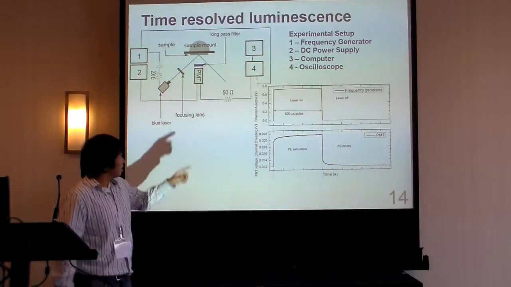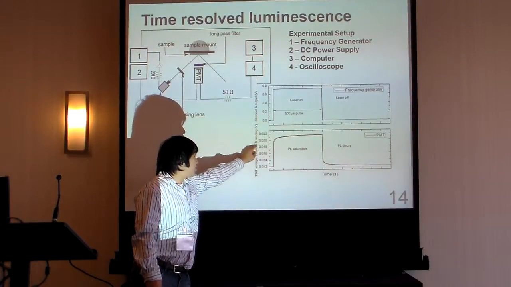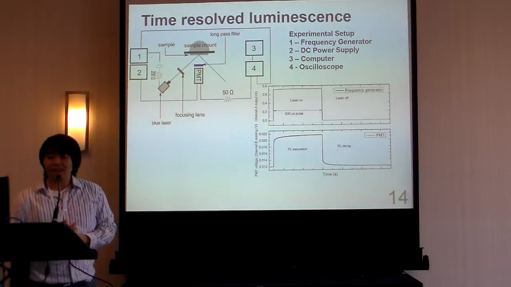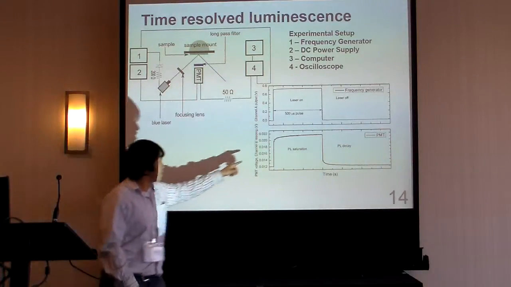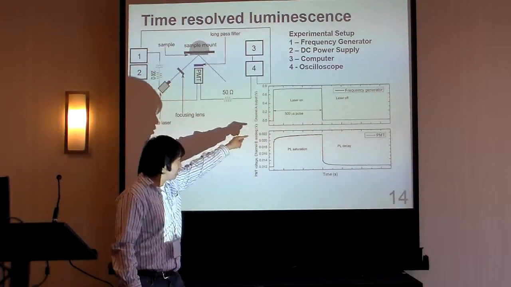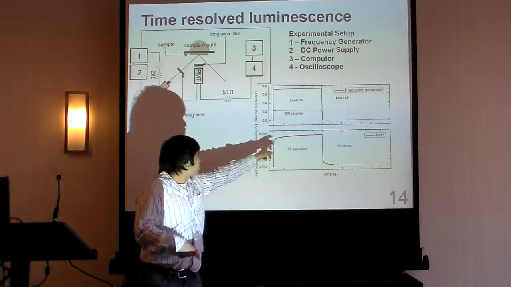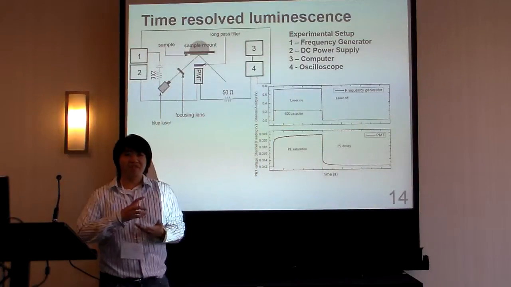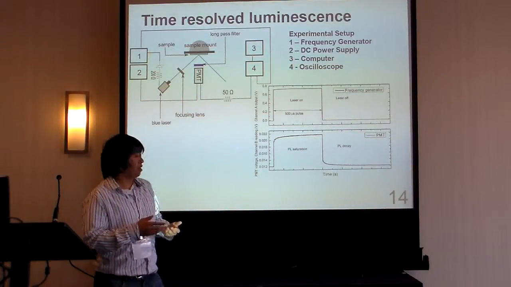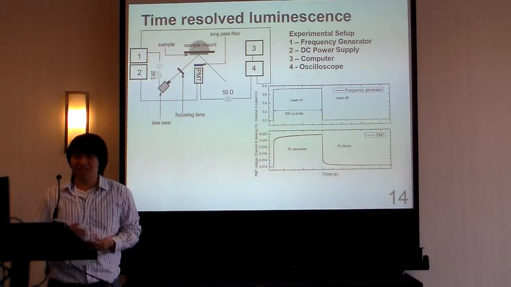So the input voltage to the laser and the PMT voltage is displayed on an oscilloscope. And you can see here that when the laser is on, or during this pulse, the PMT voltage saturates because the PL activity reaches a maximum in the sample. But when the laser shuts off, the sample undergoes de-excitation, and the PMT measures this as an exponential decay process.